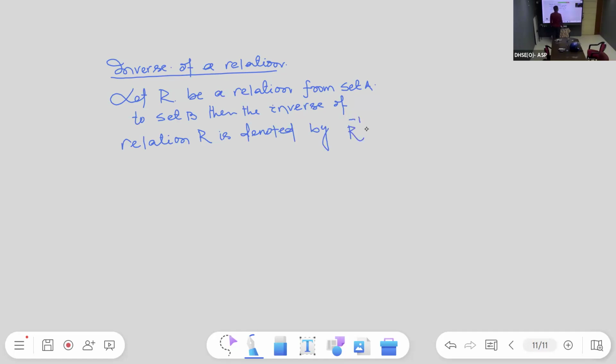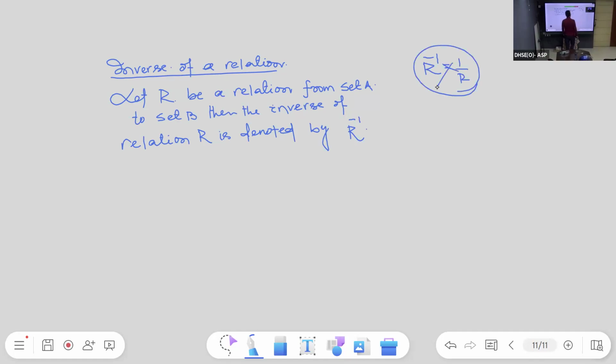R inverse doesn't mean 1 by R. Most of the students do the silly mistake that R inverse means 1 by R. This is not 1 by R. Okay.